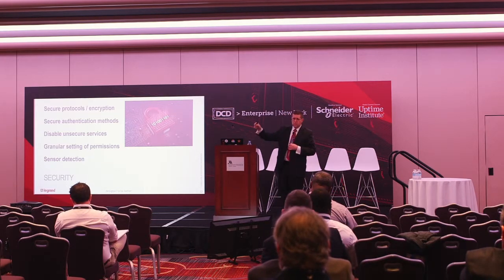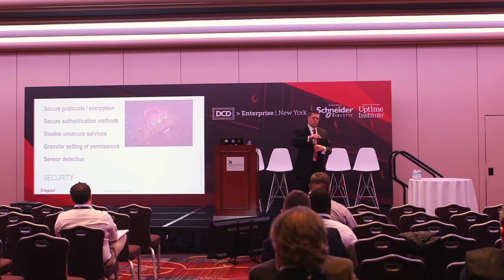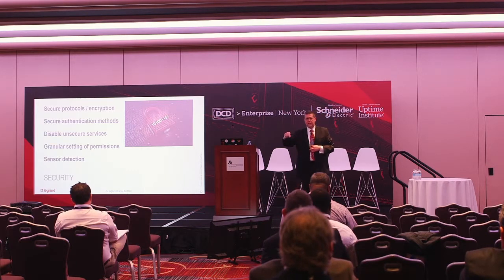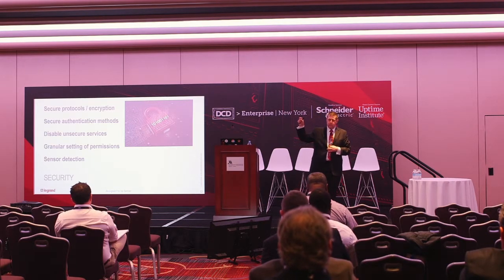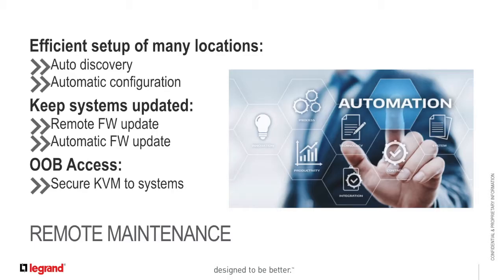You may have a setup that allows you to use remote hands in that colo, right? And you may still exercise control at the rack level to say, yes, Mr. Remote Hand Service, you can come in, but you cannot get into my rack until you call me and tell me that you're in front of it, and I will open the door. Same sort of thing for edge deployments. You're going to want that level of security.